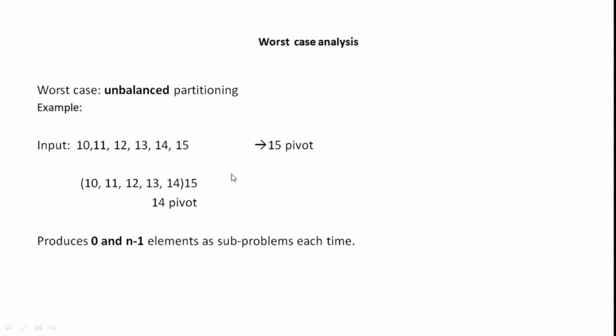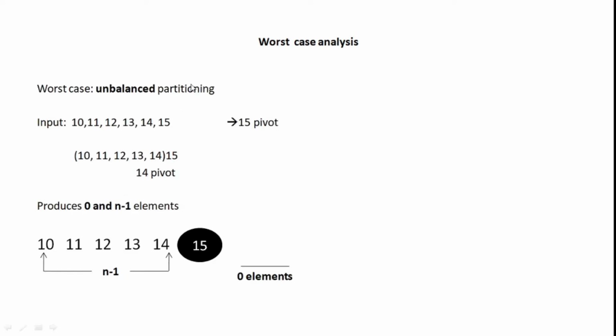But the thing I want to say here is that this array is being divided into two parts. The right part has 0 elements, and the left part has 5 elements, that is n-1 elements, because if the array size is n, then these are n-1 elements.